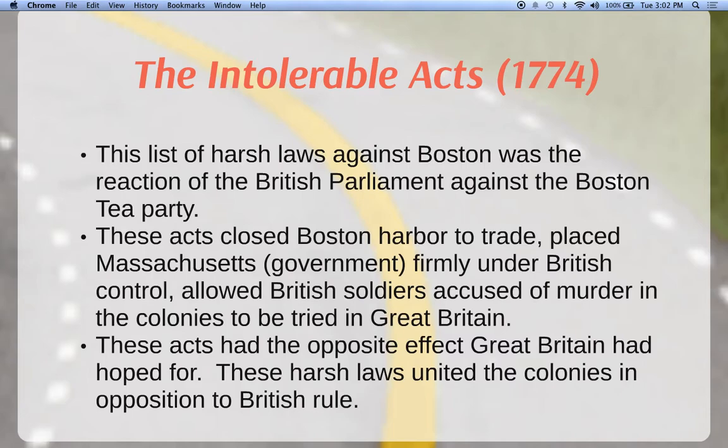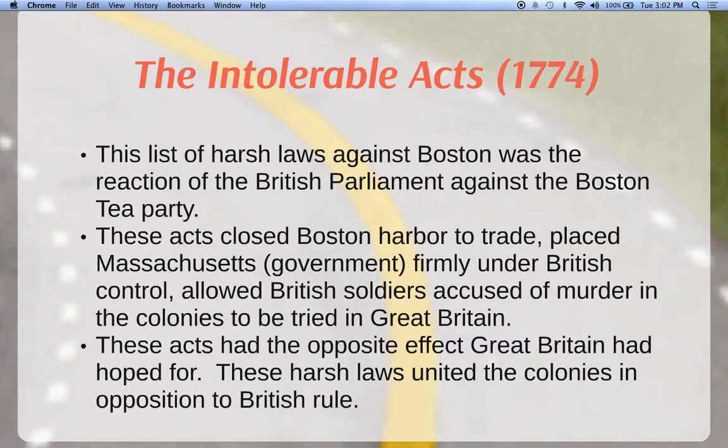And the third thing that the Intolerable Acts called for was basically it allowed British soldiers who were accused of murder, like those in the Boston Massacre, to be tried in Great Britain instead of the colonies. So people saw that as, oh, these guys now can get away with murder.